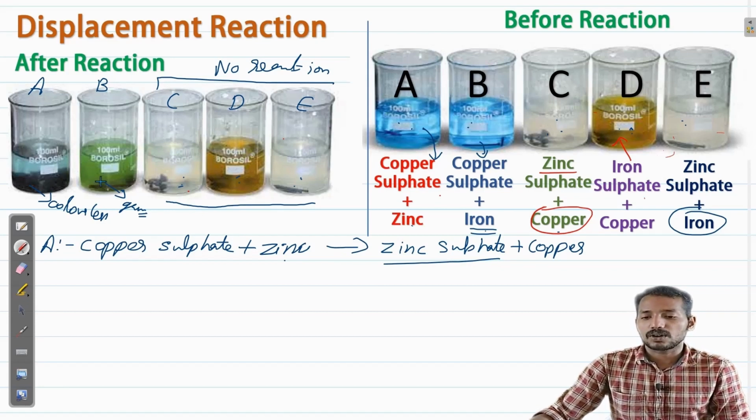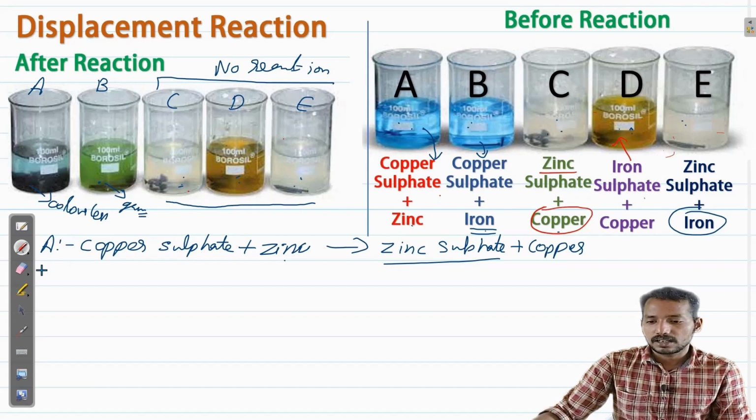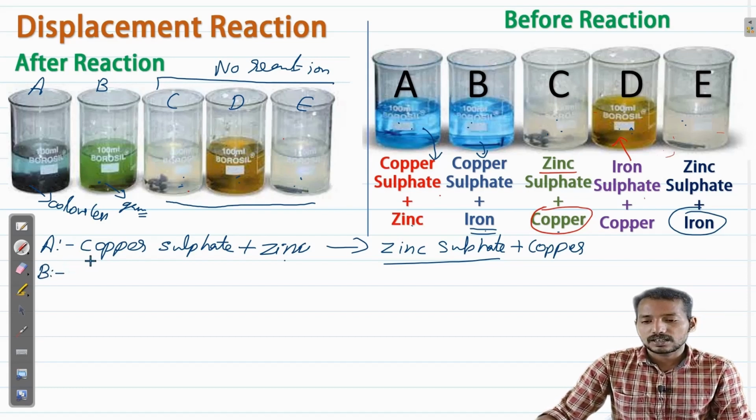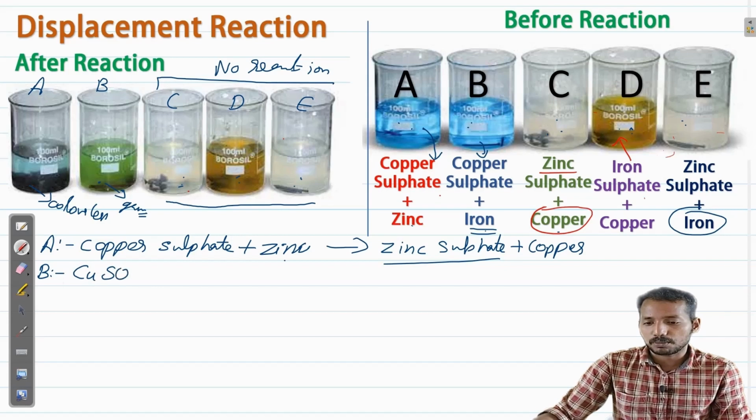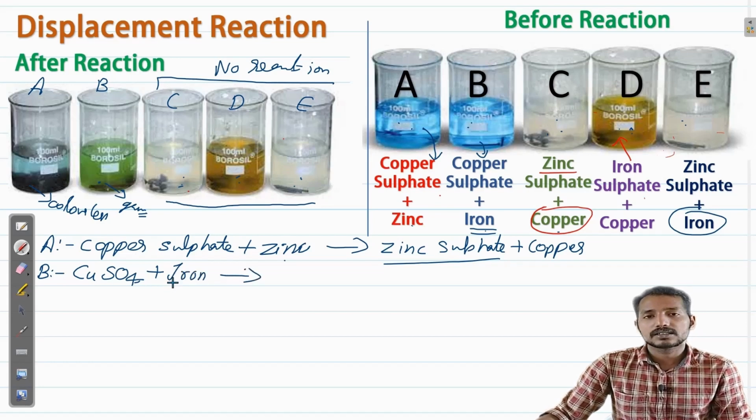And in the case of the second one, a small yellowish green color is there. What is the meaning? In beaker B, the substance we added was copper sulfate, CuSO4, plus iron.